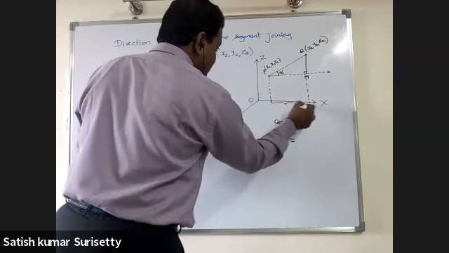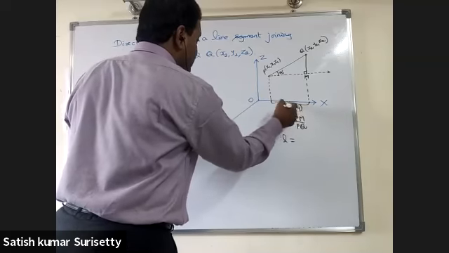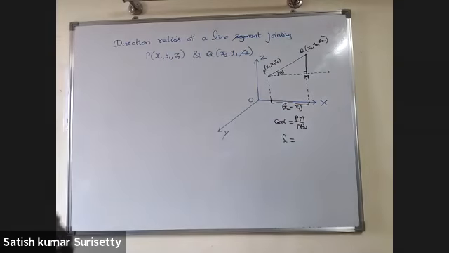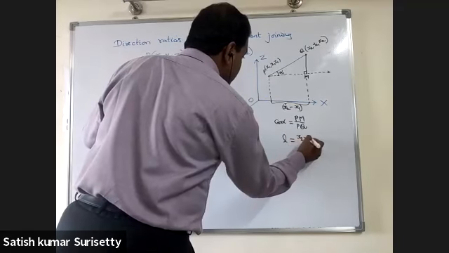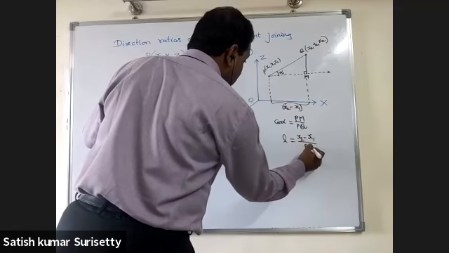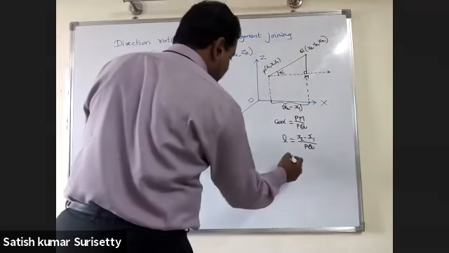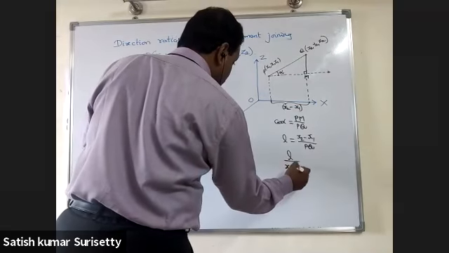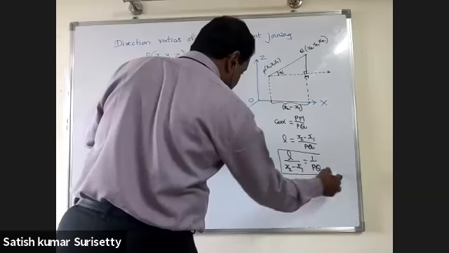What is this length? x2 minus x1. So L equal to x2 minus x1 upon PQ. So from this I can write L upon x2 minus x1 equal to 1 by PQ. Check, have you understood this first?